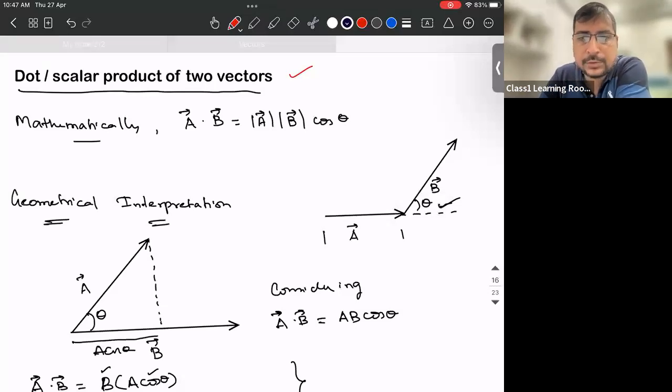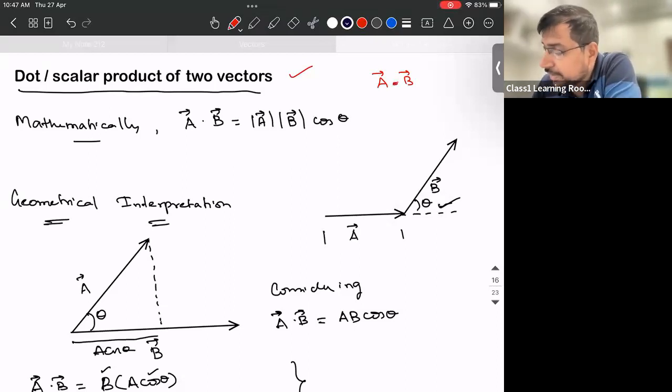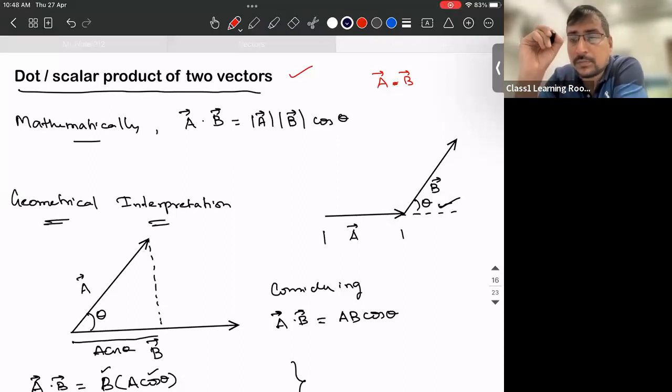So write down the heading as dot or scalar product of two vectors. If I give you two vectors, A vector and B vector, and you perform an operation where you put a dot between them, you write A vector dot B vector.